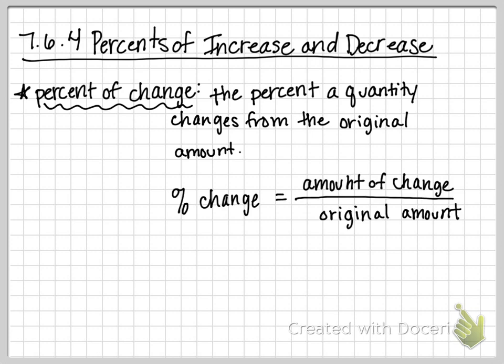So the percent change formula, overall, sort of the basic overview of percent change is that the percent change is equal to the amount of change. So however much a quantity goes up or down, that amount of change over the original amount.